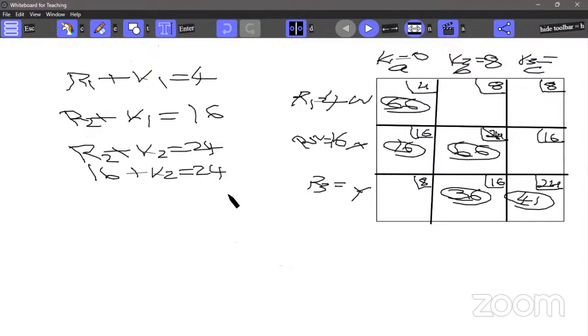Can I find out R3 by using the 36 stone? Yes. Tell me the equation for the 36 stone. R3 plus K2 equal to 16. Very good. K2 we have already found out. So can't we find out R3? Yes, 8. Now, can't I use the 41 stone?